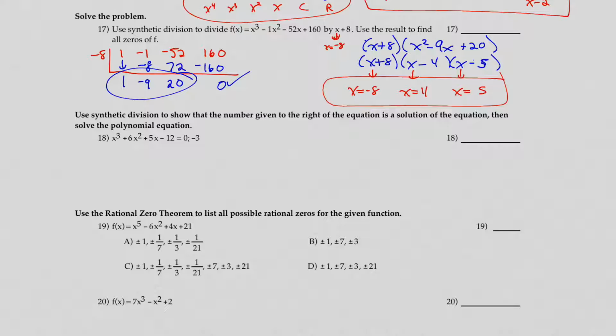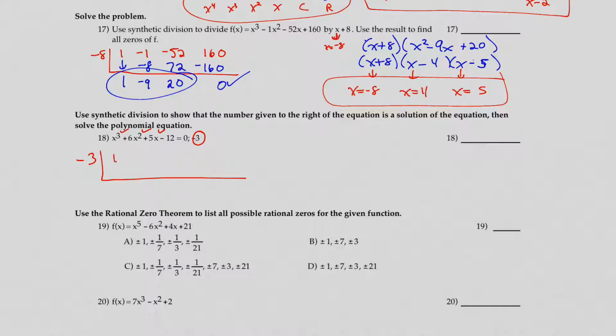Now we're going to do the same thing for number 18. Instead of giving us a binomial, they just gave us a 0, which is negative 3. So we have to create our binomial from this. So we're going to do 3, 2, 1.